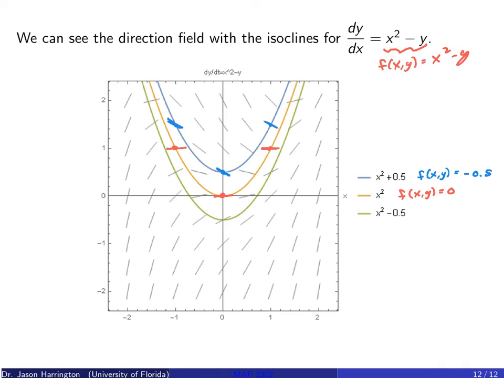And finally, this green one that we have, I'll also just do this one in blue, to make that one easier to see. This is going to be f of x comma y is equal to 0.5. That means the slope is going to be a half every time the green line passes through it.